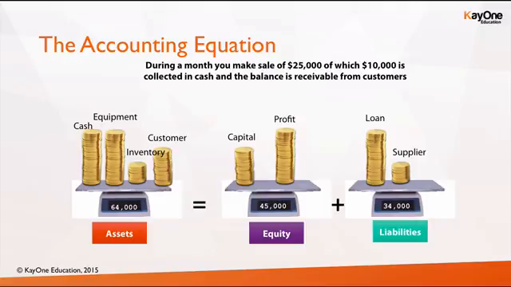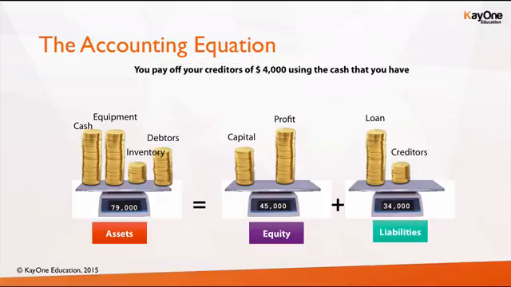Similarly, your receivable, or the right to receive, also increases because 15,000 is still collectible from the customer, and therefore your assets further go up by 15,000 and become 79,000. So now you have assets worth 79,000 on the left hand side, equity worth 45,000 on the right hand side, and your liabilities remain the same at 34,000, and the equation is still in balance.